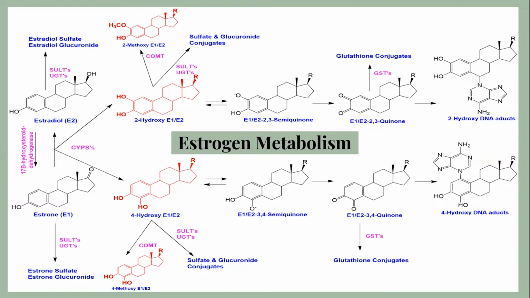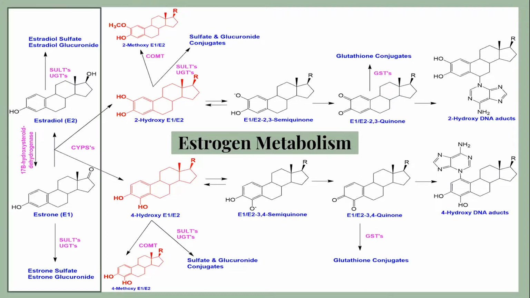Synthetic forms of these hormones are often included in hormonal products such as combined oral contraceptives. During biotransformation, these compounds are transformed to water-soluble compounds to facilitate excretion. Endogenous and exogenous estrogens can undergo sulfation and glucuronidation, and they can also undergo hydroxylation.